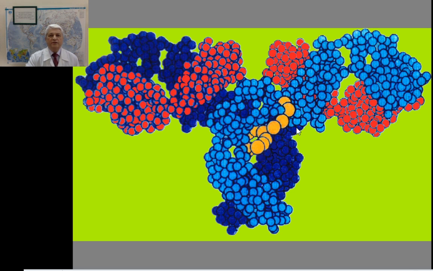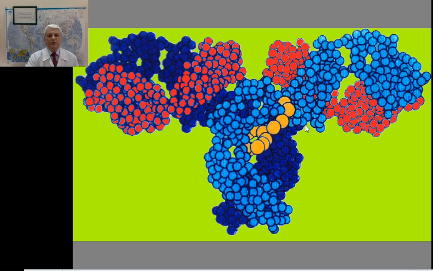2 heavy chains, one is light blue, second is dark blue, and 2 light chains, red, one on the left side and second on the right side. Don't write this information now, because later I shall show you a simpler scheme of the structure of immunoglobulin, and you will copy it in your notebooks.